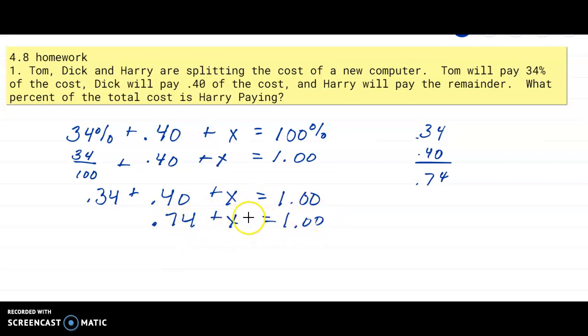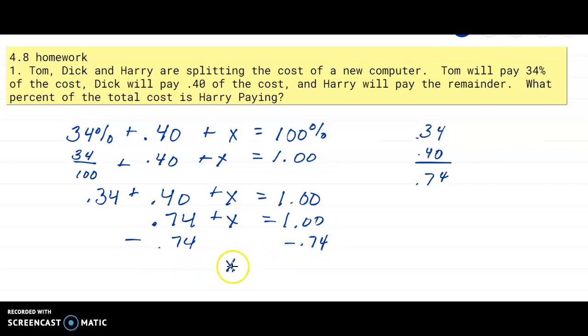I'm still trying to solve for x. So I've combined like terms. Now I have to reverse any addition or subtraction. I am adding 0.74 to x, so now I'm going to subtract 0.74 from both sides.